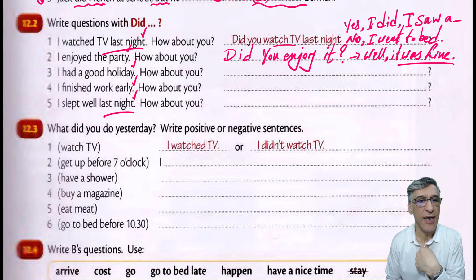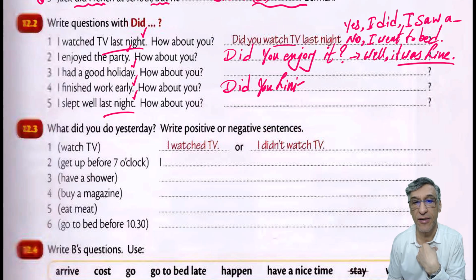Yeah. Finished. I finished work early. How about you? Did you finish? This is the root of the verb, either it is a regular verb or an irregular verb. They are almost all regular verbs, huh? What about asleep?